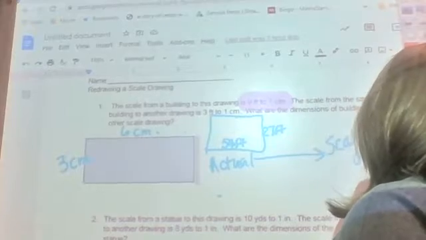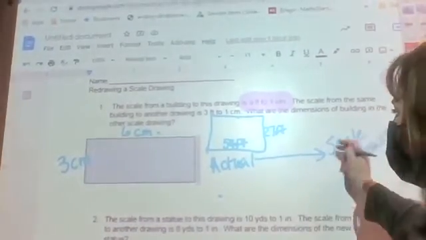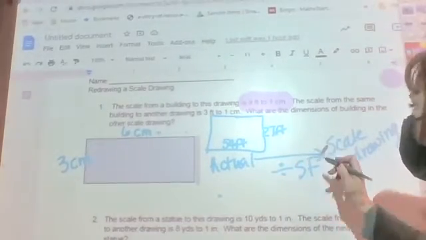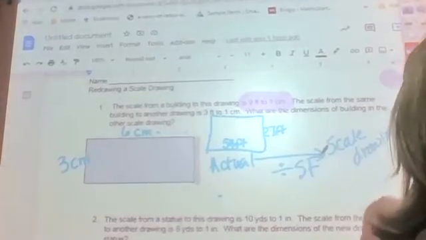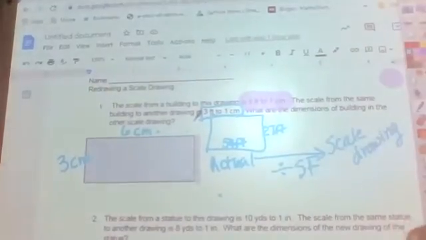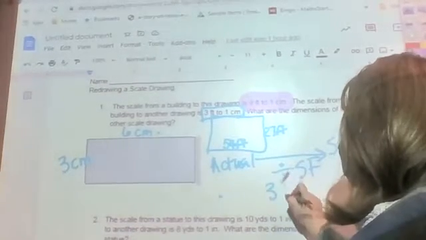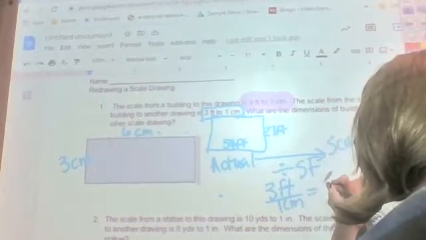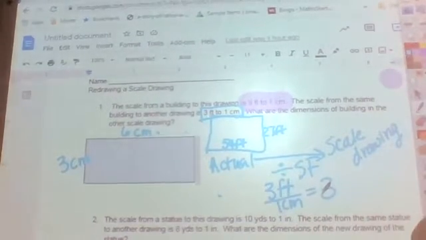Remember, when you're going from the big actual down to a scale drawing, you are going to divide by the scale factor, right? Our new scale factor to this new drawing is 3 feet to 1 centimeter. So 3 feet for every 1 centimeter, so our scale factor is just plain old 3.